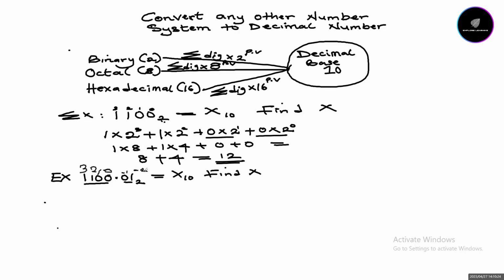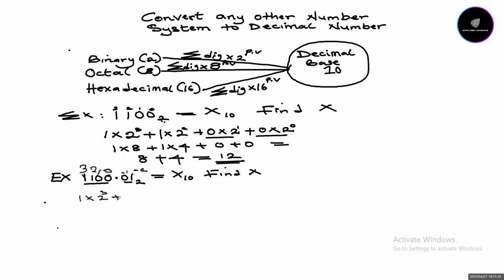The next stage is to carry out the summation, the sum of the product of all the digits. So we say 1 multiplied by the base, which is 2, raised to the power of 3, which is the place value for the first digit, 1.